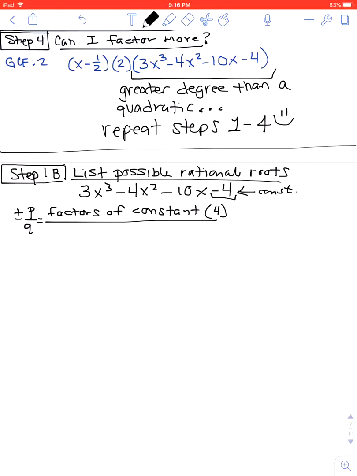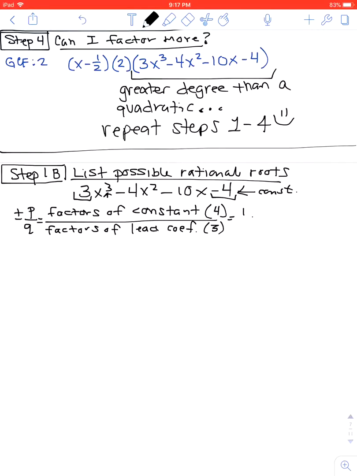Over factors of the lead coefficient. What is our new lead coefficient? 3. All right, and what's our degree? 3. All right, so we should find 3 zeros out of this.